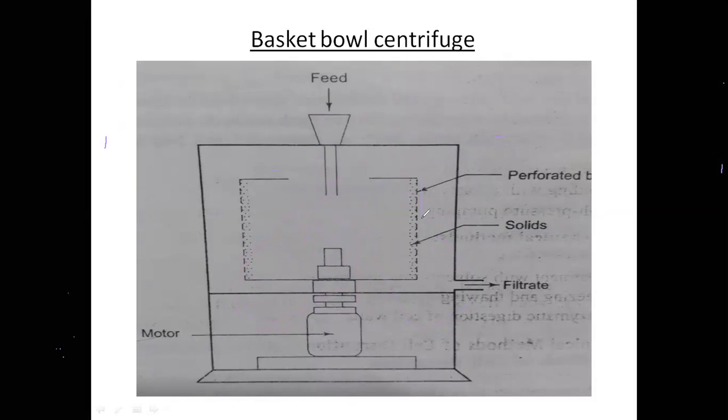This basket actually rotates. At the bottom a motor will be there, and it rotates outward only. So when the feed enters the basket, the solids are separated. These are all the solids.